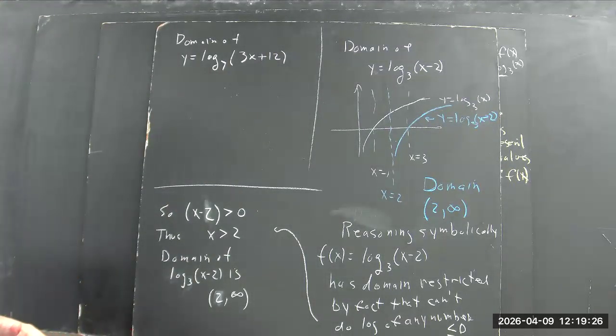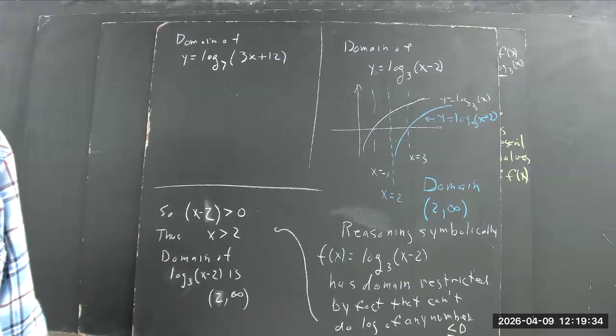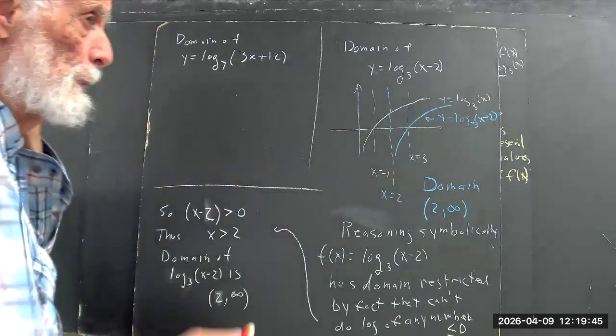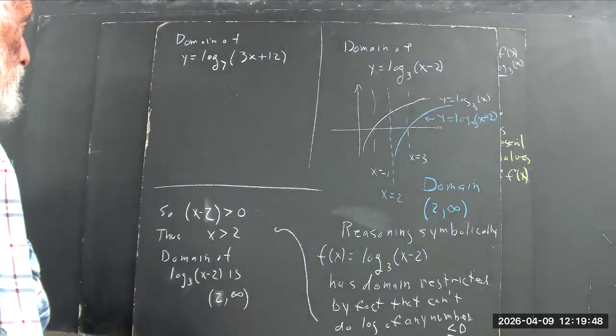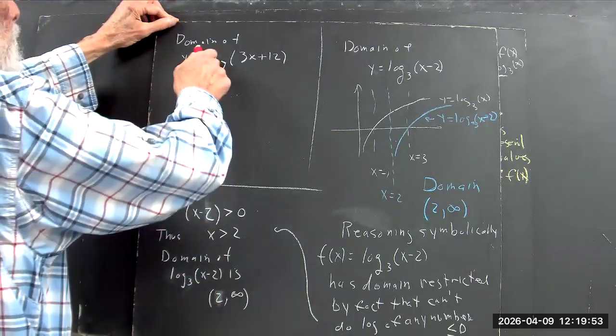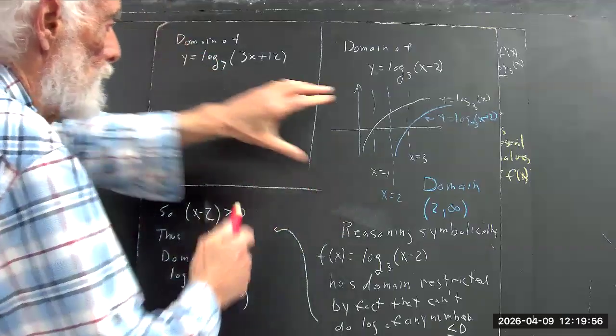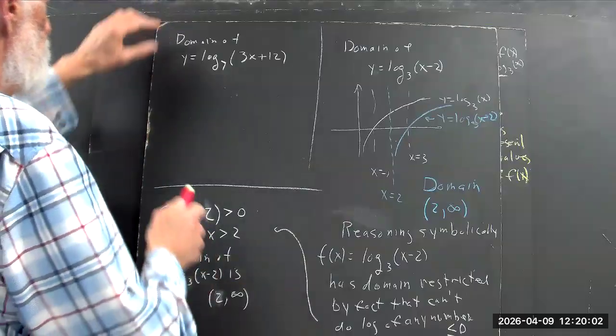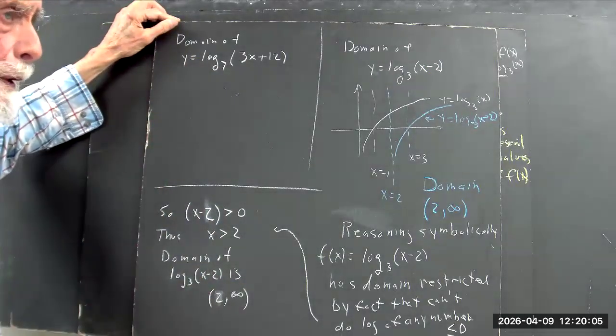You would have a horizontal compression by factor 3 and a horizontal shift of 4 on a log base 7 graph. We don't even want to try to draw that right now. Someday you might need to draw it. Hopefully you'd be able to figure it out because it's very similar to what we've done, but the scale would be kind of unmanageable. So anyhow, we're not going to try to construct it graphically. Graphical construction makes sense out of our reasoning here, but also just the numerical reasoning.